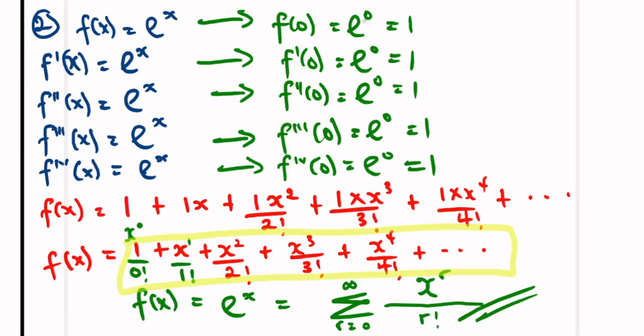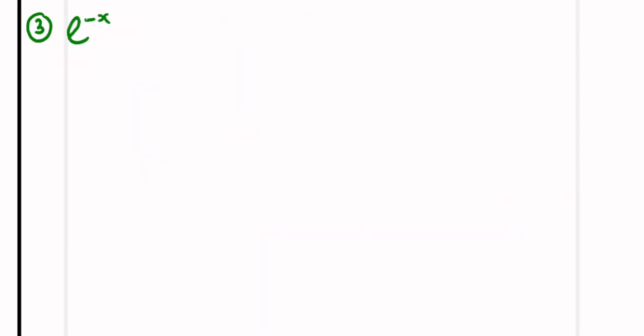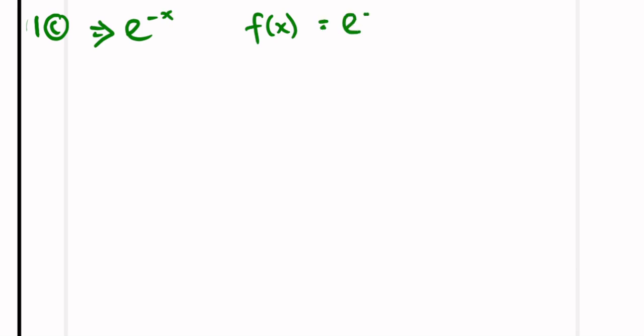So we're given exponential negative x. Okay, my bad, I'm numbering this wrongly. It should have been 1a, this should be 1b, and this should be 1c. So let's fix that. So 1c will be equal to exponential negative x. That's the question, exponential negative x. So meaning that f of x is equal to exponential negative x.